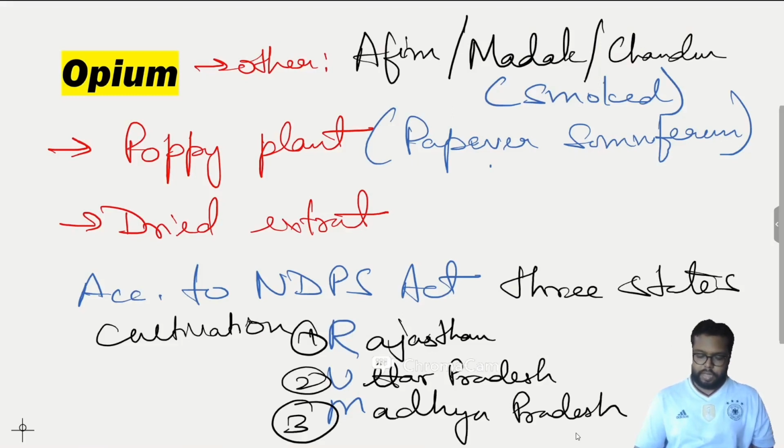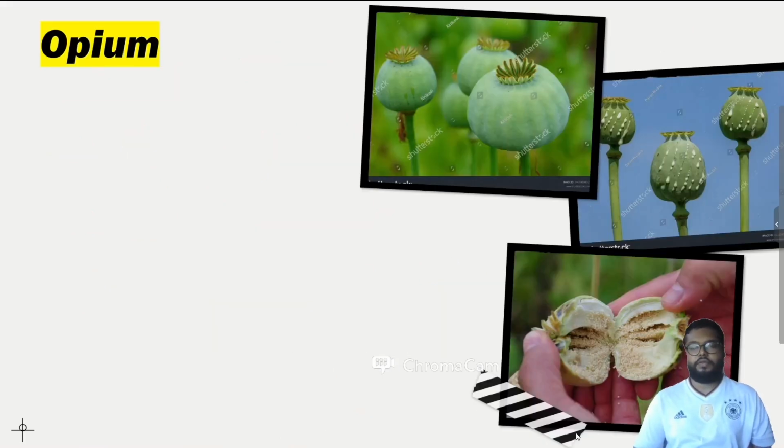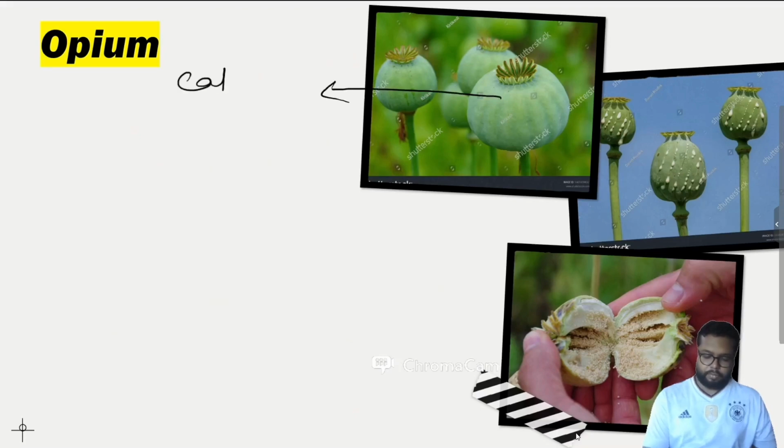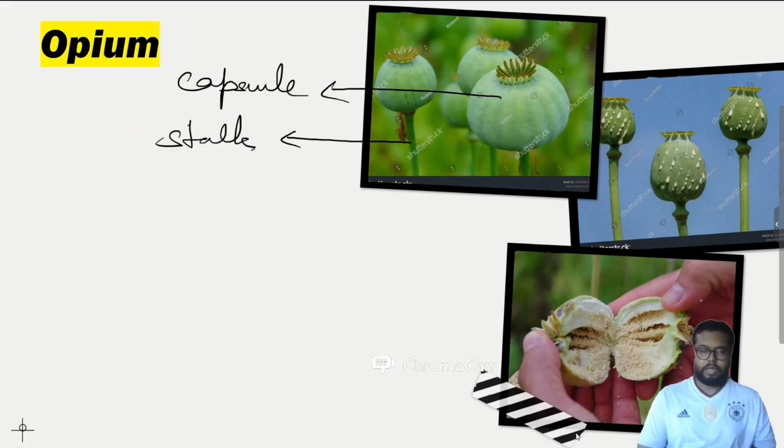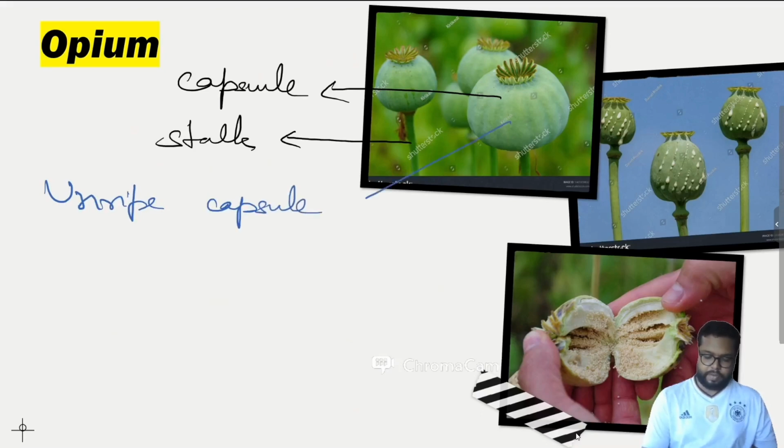Now going to the plant itself. If you look at the plant, there is a capsule and a thin long stalk. So how is opium cultivated? Actually, when the capsule is unripe, that is green, it is the ideal time for harvesting it.